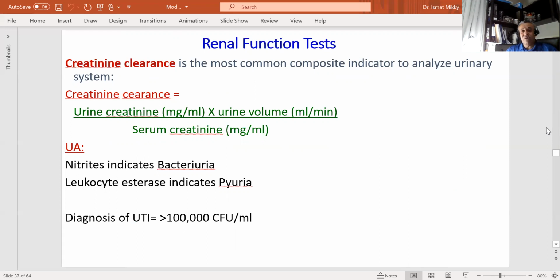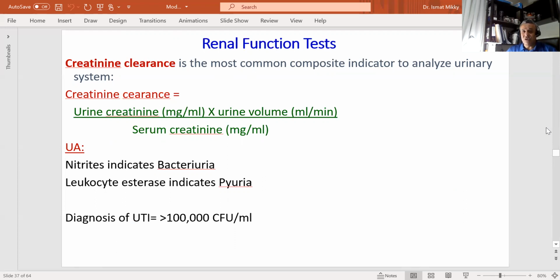As we review the urinalysis, the UA, the results coming back from the lab, you'll focus on sediments, casts, the color, white blood cells, RBCs, and protein, but you'll also focus on two main things: nitrite and leukocyte esterase.